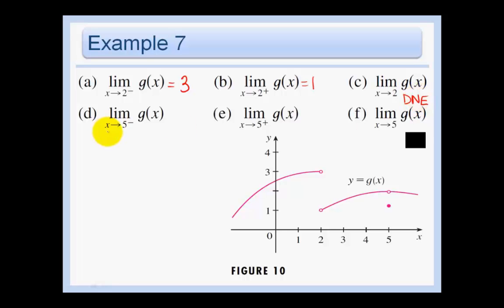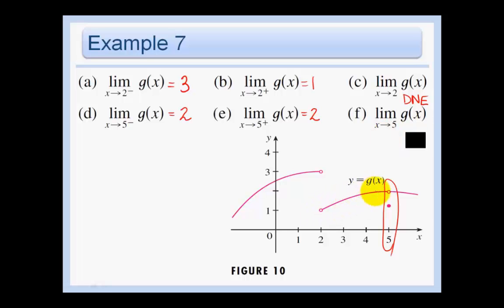Now let's look at the limit as x approaches 5 from the left. We are getting close to 2, right? What about from the right? We're still getting close to 2. So what is the limit as x approaches 5?